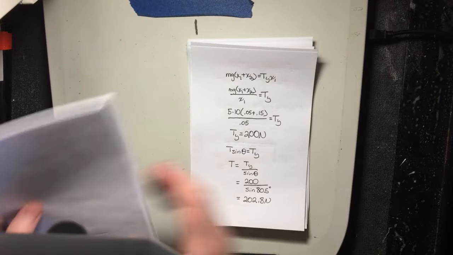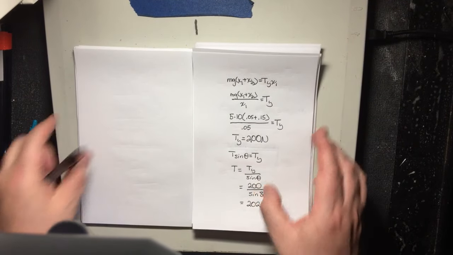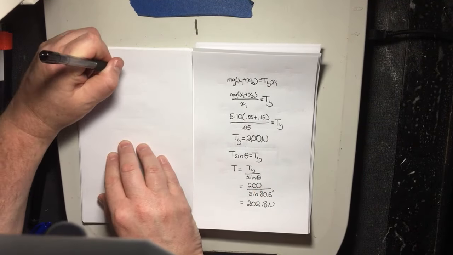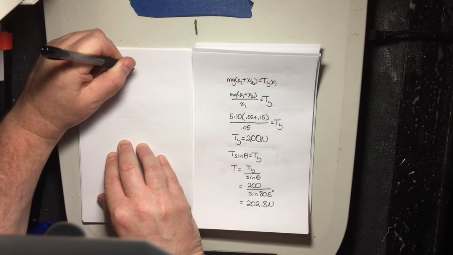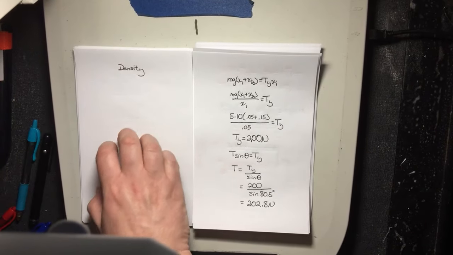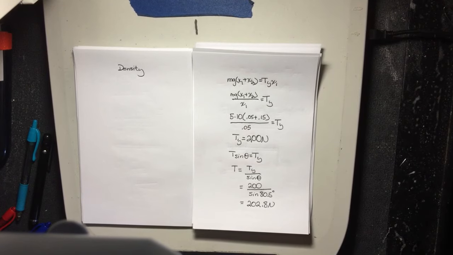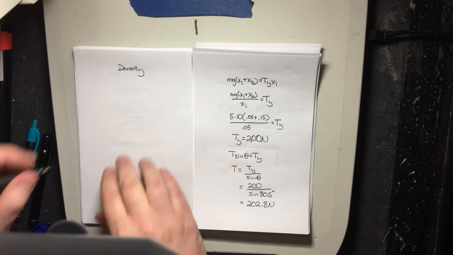So the one last thing that I want to do is talk about density. There are 3 major types of density that we need to cover. They're very easy to go over, but I want to make the proclamation of what these letters are.